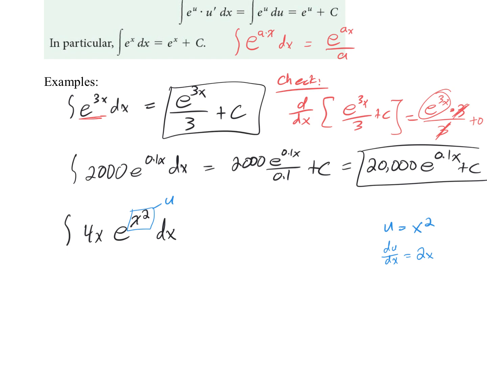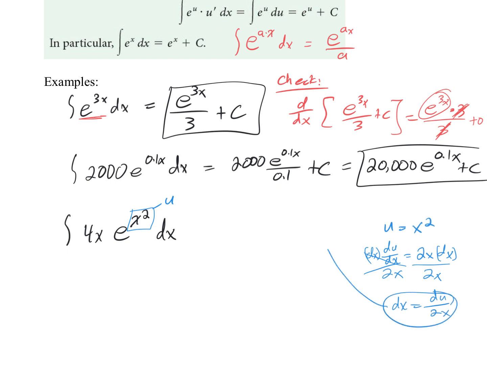And then the goal here, when we do this u substitution and compute du dx, is that we want to solve for dx eventually. So I'm going to multiply both sides by dx and then divide both sides by 2x. So we find that dx is du over 2x.